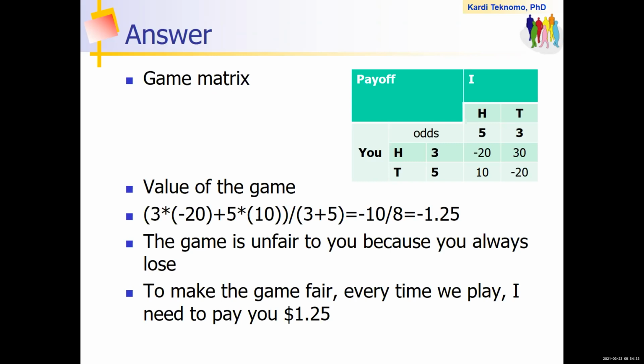So in that case, you don't want to play. To make the game fair, every time we play, I need to pay you 1.25. Do you understand the meaning of this? When you have the odds or use probability, which is called mixed strategy, you don't play one time, you will play many, many times. And we take the average.